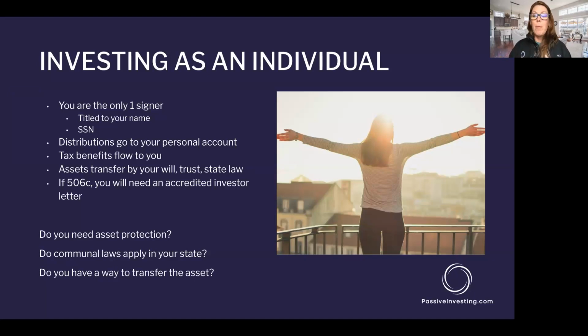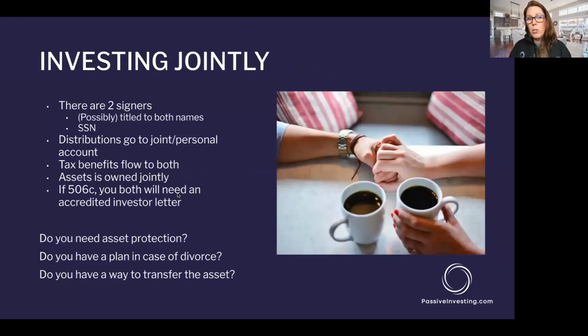Also, how do you need assets to transfer? Do you want it to transfer according to your will or trust, or according to the operating documents outlined in your entity agreement, the operating agreement for your own LLC? So those are just some questions to consider.